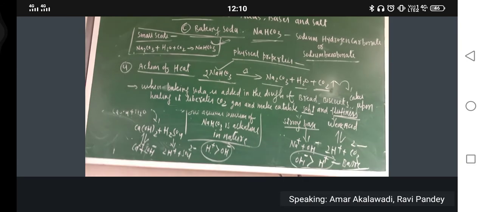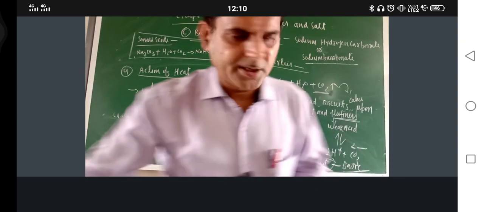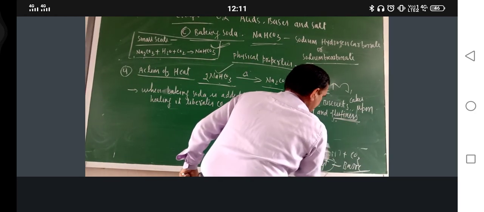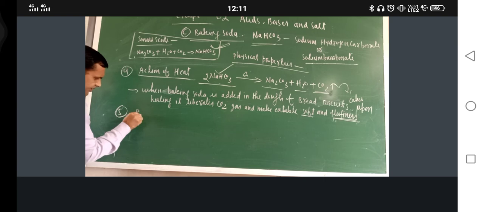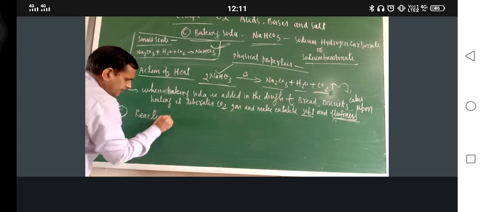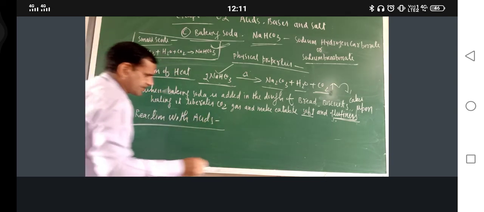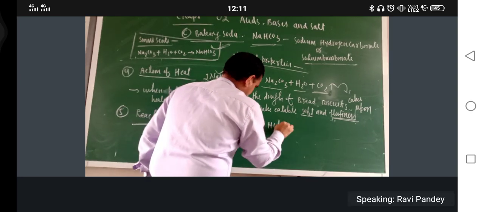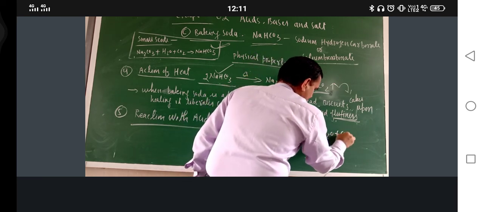Okay, just see. One more is there. Reaction with acids, fifth number. NaHCO3 reacts with HCl and forms NaCl, H2O plus CO2.